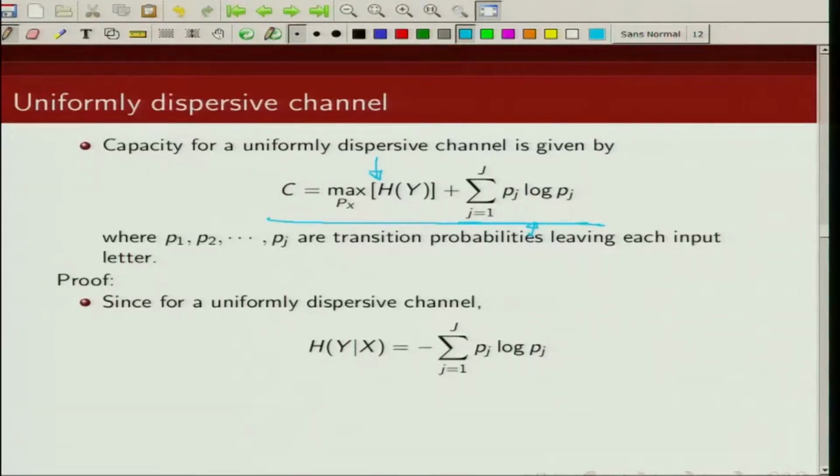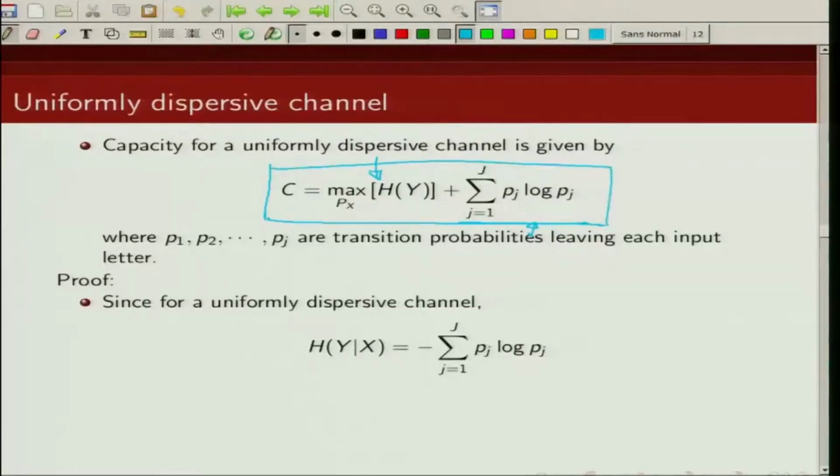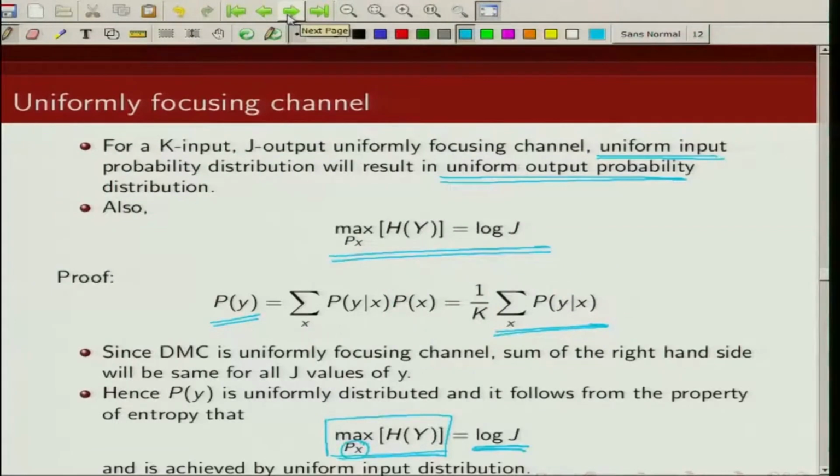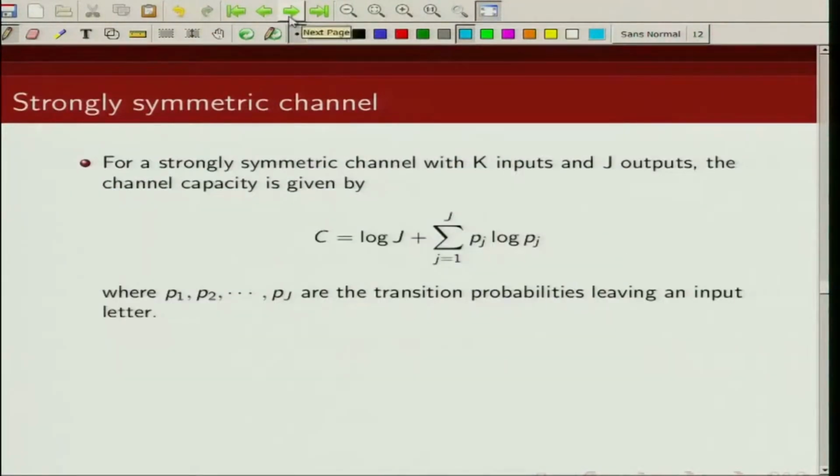Since a strongly symmetric channel is both uniformly focusing and uniformly dispersive, we know exactly the expression for channel capacity for a strongly symmetric channel. So this will be log of j plus summation of pj log pj. So the expression for capacity for the strongly symmetric channel is given by this expression.